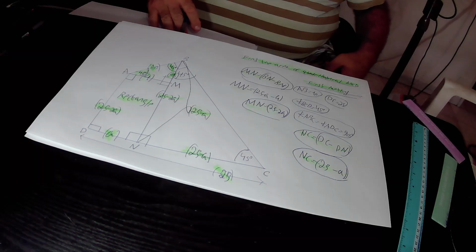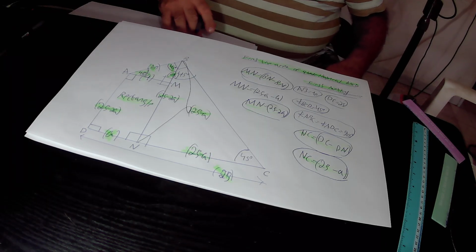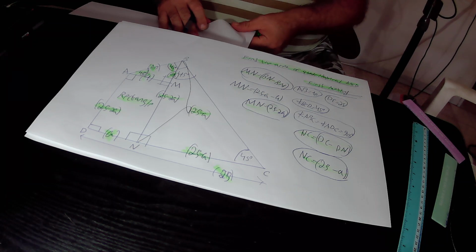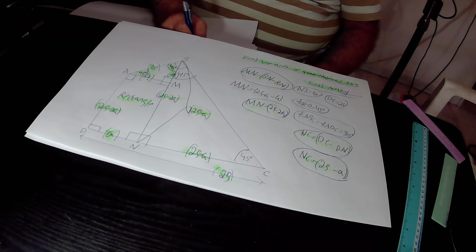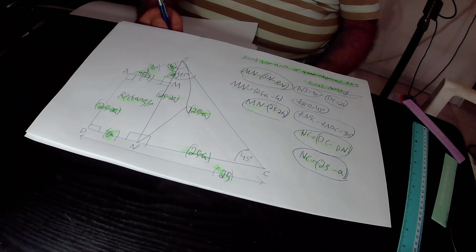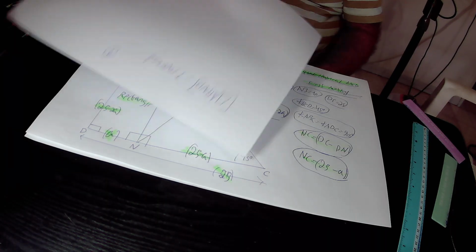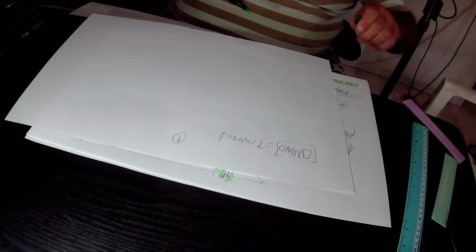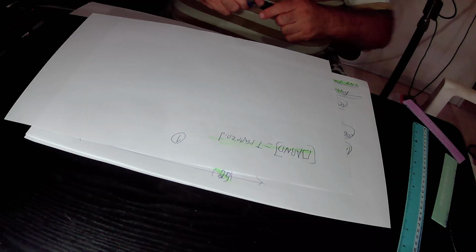So we found out that quadrilateral ABND is a trapezoid. What is the area of trapezoid ABND?